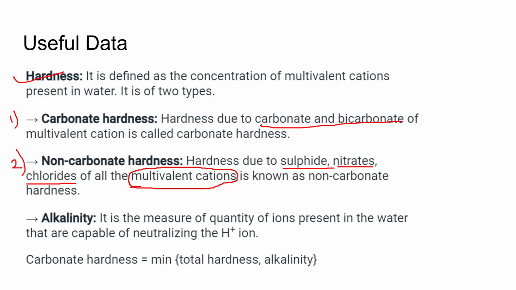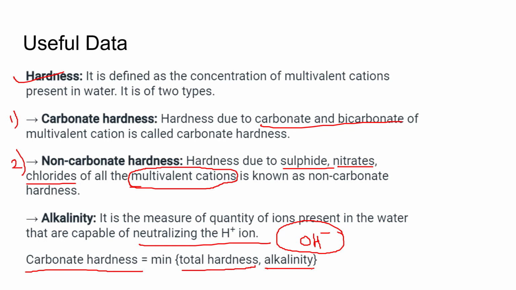Alkalinity is what? Alkalinity is nothing but a measure of the quantity of ions present in the water that are capable of neutralizing H plus ions. In short, we can say alkalinity is the concentration of OH minus ions. So the carbonate hardness will be the minimum of total hardness and alkalinity. Whichever is the minimum will be the carbonate hardness.